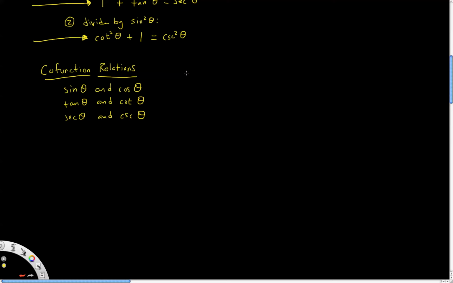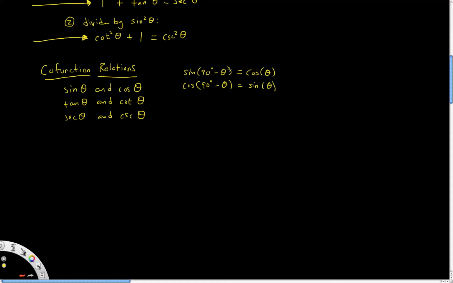All right, so the first thing I'm going to say is that the sine of 90 degrees minus theta will be equal to the cosine of theta, and also that the cosine of 90 degrees minus theta is equal to the sine of theta.